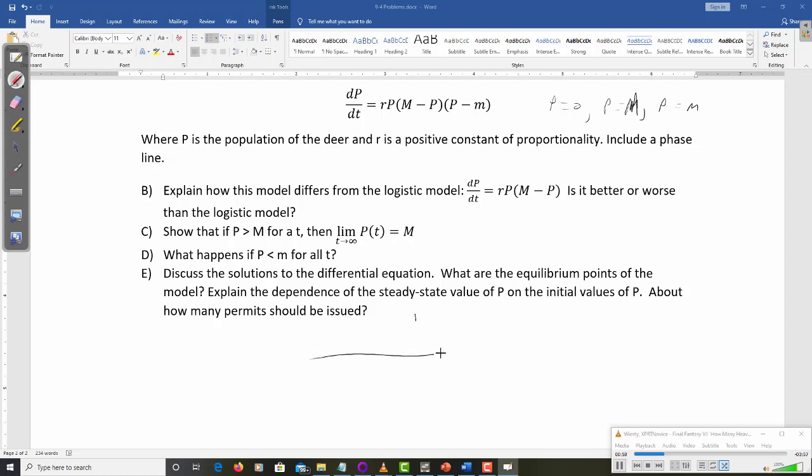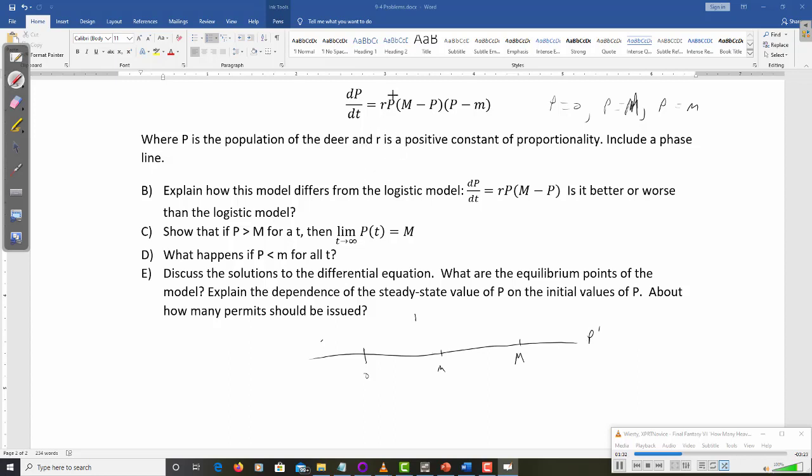If I drew a phase line with population of 0, population of little m, population of capital M. So if we think about p prime, if p is negative, that doesn't really make sense because you can't have a negative population, but I'll plug it in here.